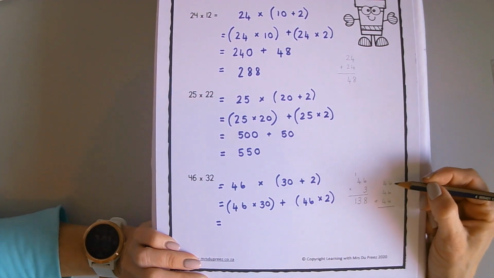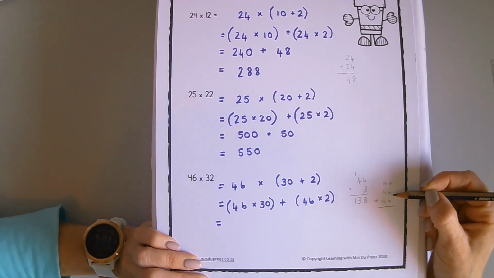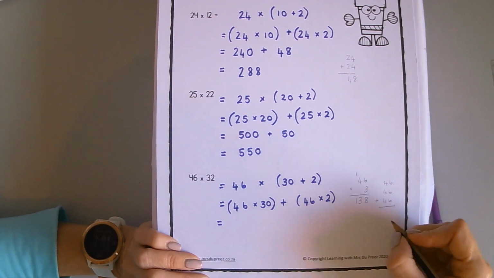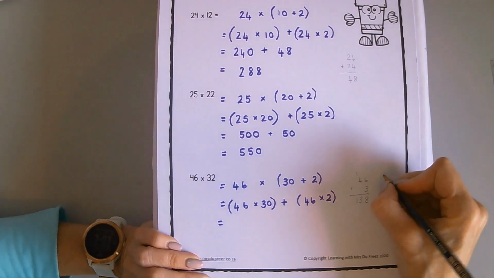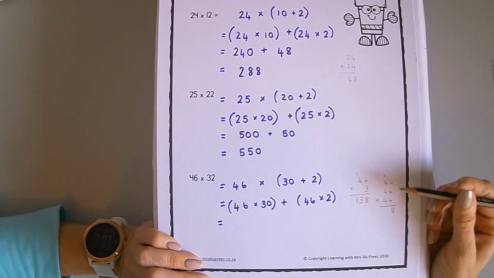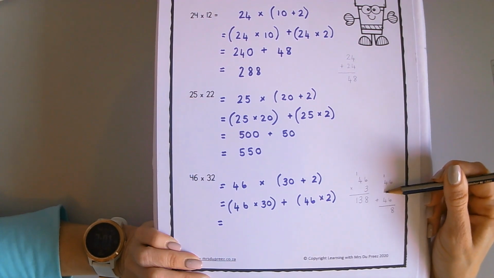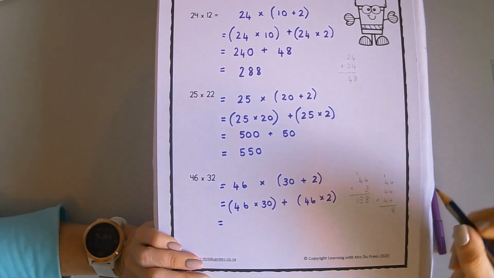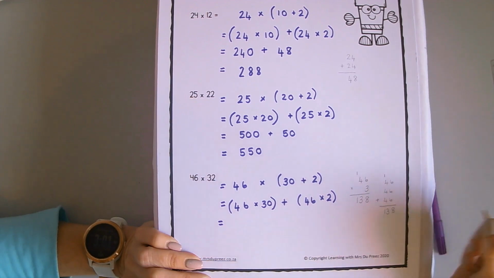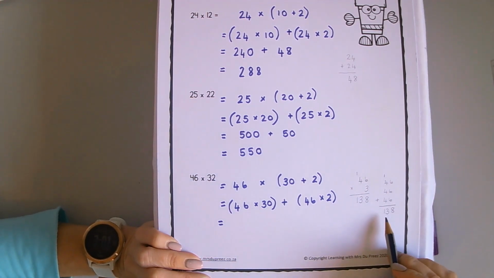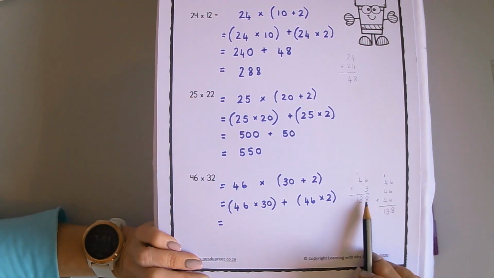So let's see. 6 and 6 is 12. Add another 6 and you get 18. So I'm going to put an 8 there and we carry a 1. And we've got 4, 8, 12, add one more and we've got 138. And can you see that you've got the same answer? So it doesn't matter which method you use in this case, you're still going to get the same.